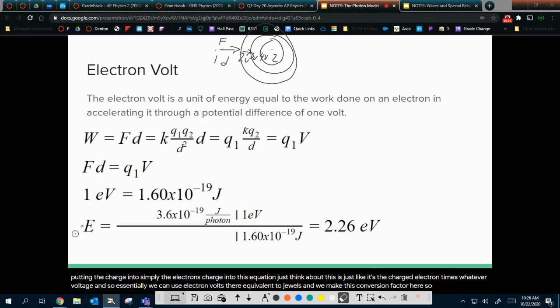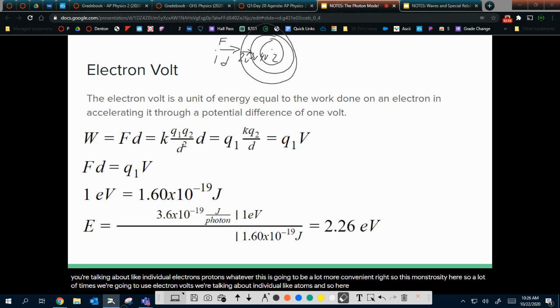The nice thing is if you're talking about individual electrons, protons, whatever, this is going to be a lot more convenient, right? Instead of this monstrosity here. So a lot of times we're going to use electron volts when we're talking about individual atoms.